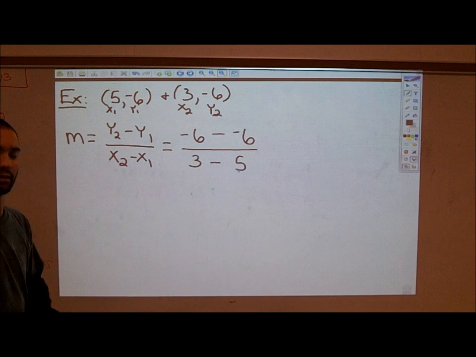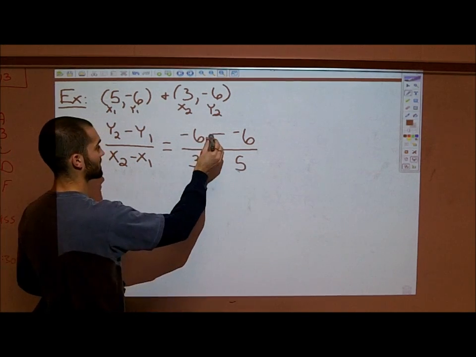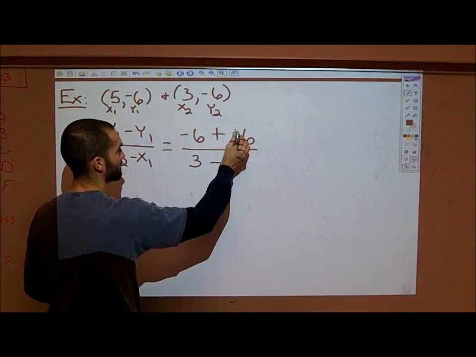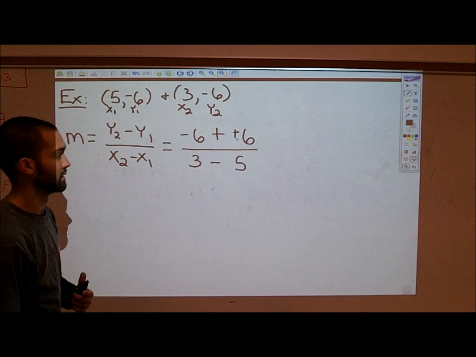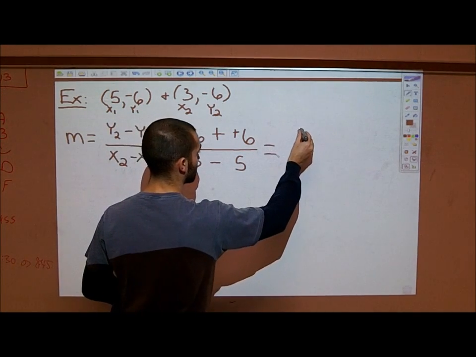Okay? And again, all we do now is simplify. I have negative 6 minus a negative 6. Well, add the opposite. Negative 6 plus a positive 6. That equals 0.